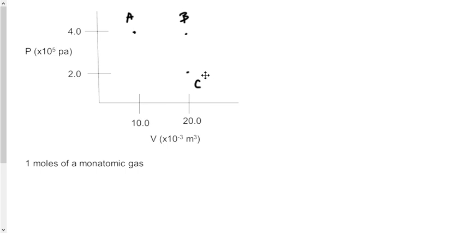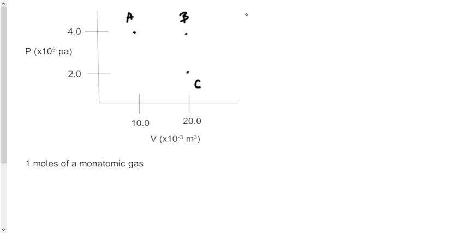The first thing you should always do is get the temperatures at each of those locations using the ideal gas law, PV equals nRT. So let's go ahead and do that. Well, our pressure here is 4 times 10 to the 5th pascals, and our volume is 10 times 10 to the minus 3.